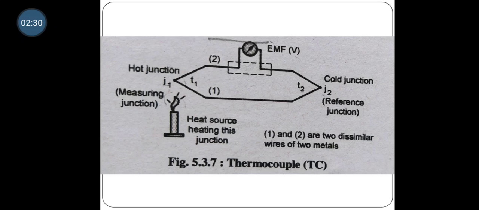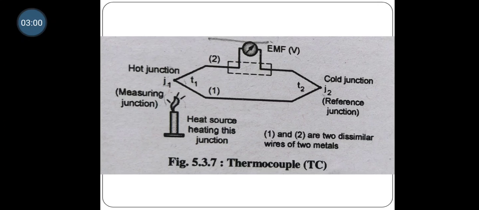Now, if one junction is heated, then current flows in the circuit due to the temperature difference. If one junction is hot and the other is cold or at normal temperature, the current flowing in the circuit can be detected by connecting a galvanometer. The current is due to the EMF developed across the two terminals.